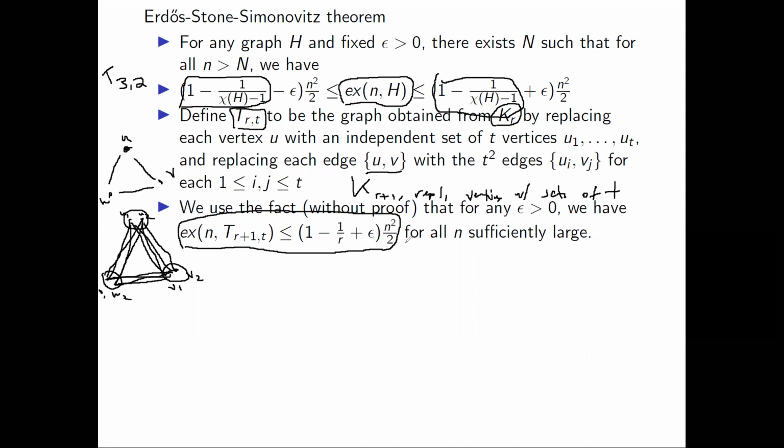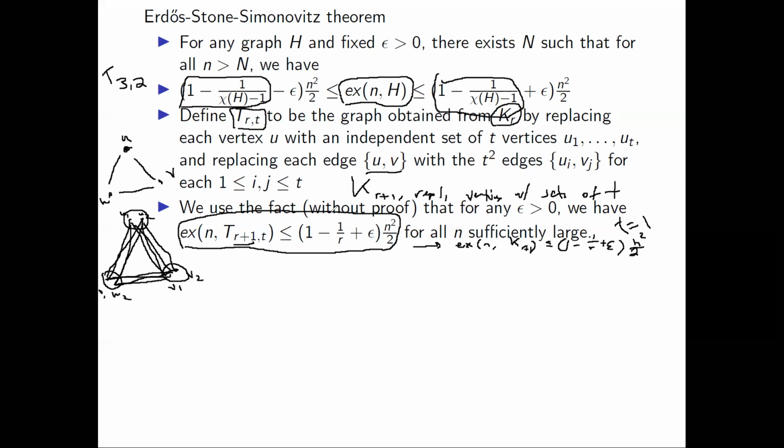I'm just going to note here that when we have t equals 1, this tells us that ex(n, K_{r+1}) is less than or equal to (1 minus 1 over r plus epsilon) times n squared over 2, since that was T(r+1, t). So this is an approximate form of the Turan theorem.